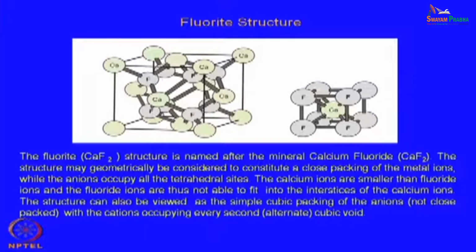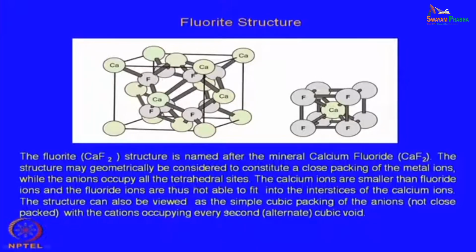There are several compounds which actually crystallize in this particular structure. One of the very important characteristics of this kind of structure is that since the calcium ion is sitting on alternate sites and the other alternate sites are vacant, there is a channel kind of through the structure, there is a lot of void space, and that void is distributed along a particular direction, and these void spaces become quite important for ionic mobility.